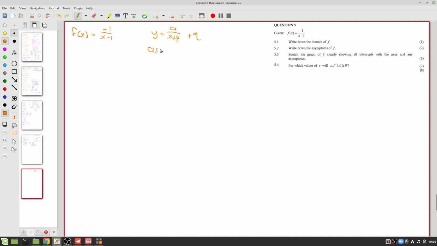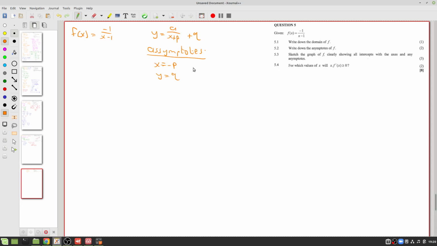The asymptotes of a hyperbola of this form are x equals negative p, that's the opposite sign, and y equals q. Those are the two straight lines, the vertical and the horizontal asymptote.